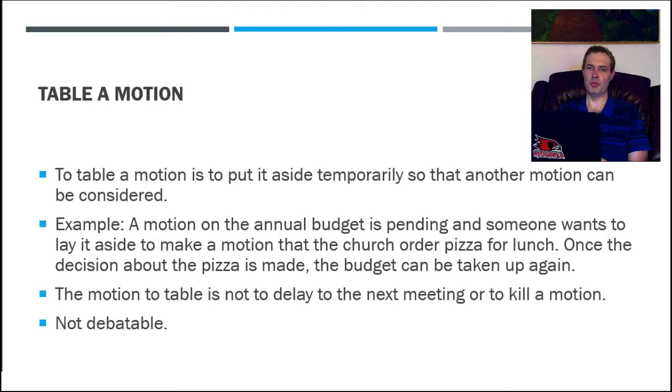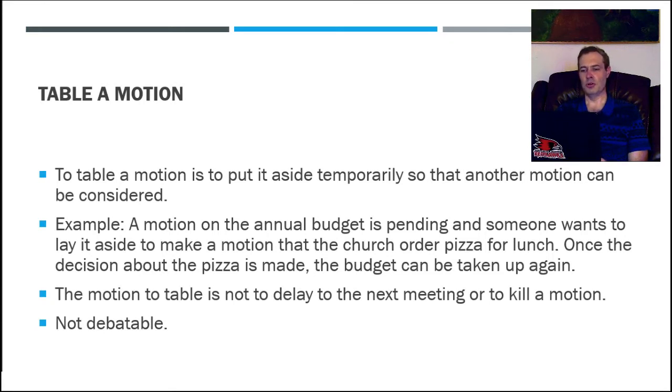Some motions may require 2/3, and some may move to table the motion, and that would only require a majority. And so we should not allow that to be used as a means to get rid of a motion.